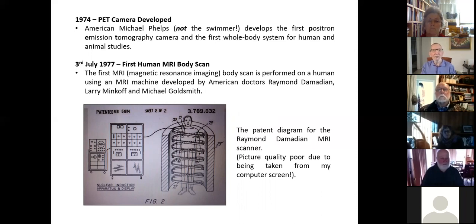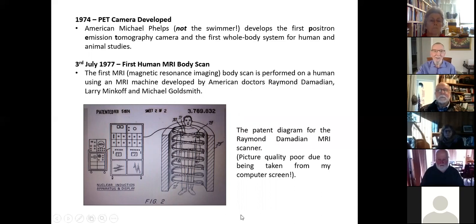PET is a little curious. I did have some information about it, but it's quite complex, so I've deleted it from this slideshow. But if you want to find out how PET works, go for your life.